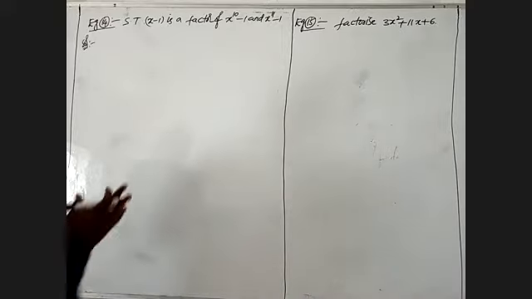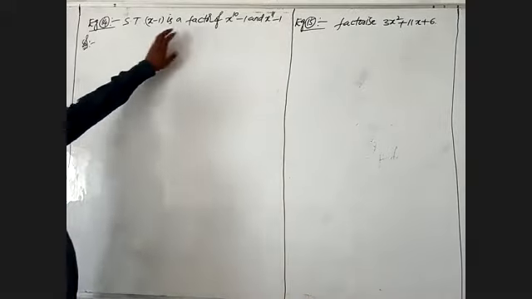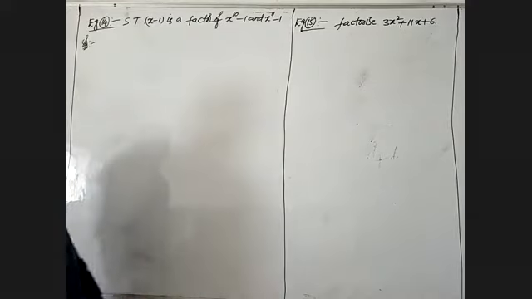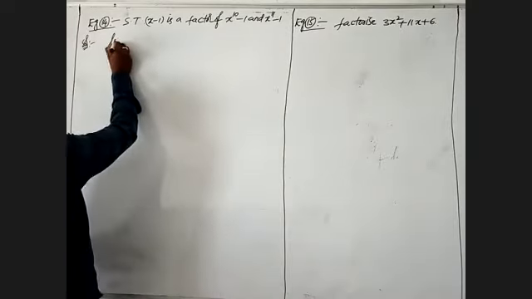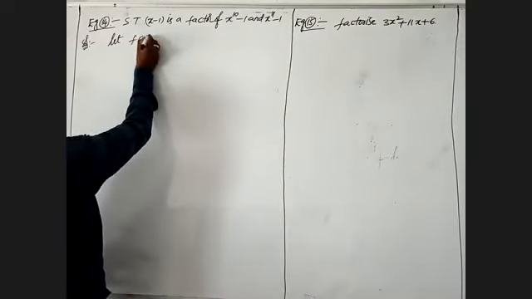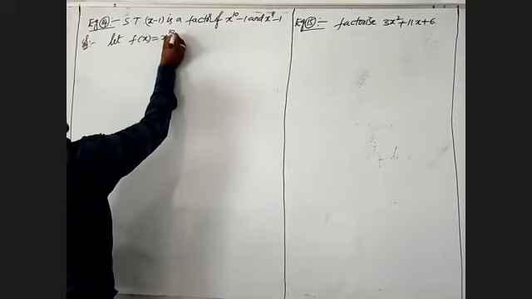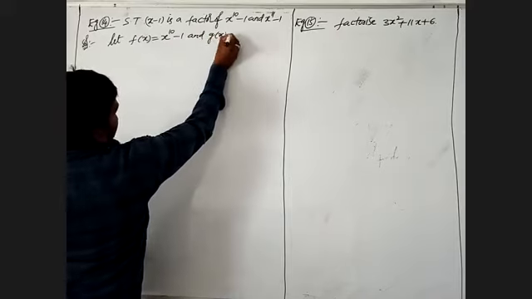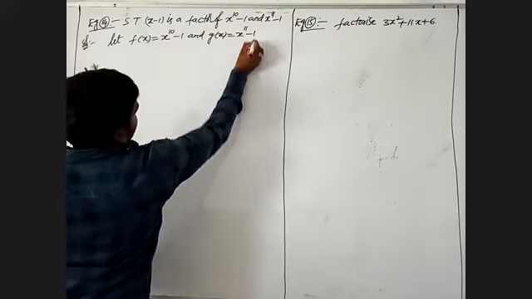We will observe in this one. x minus 1 is a factor of x power 10 minus 1 and x power 11 minus 1. Here, first I will take f of x is equal to x power 10 minus 1 and after that I will take g of x is equal to x power 11 minus 1.